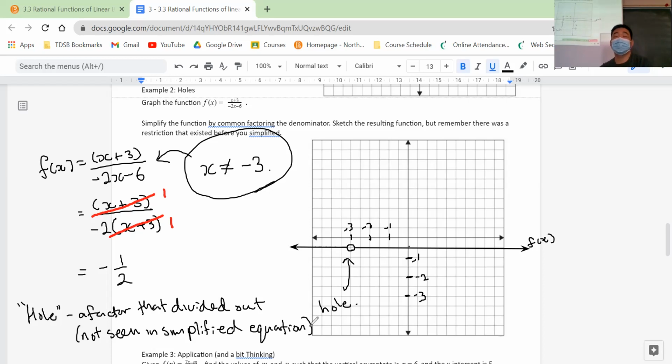You could think about it like that. A hole is essentially a factor that was divided out. It's a 0 that was divided out, not seen in a simplified equation.